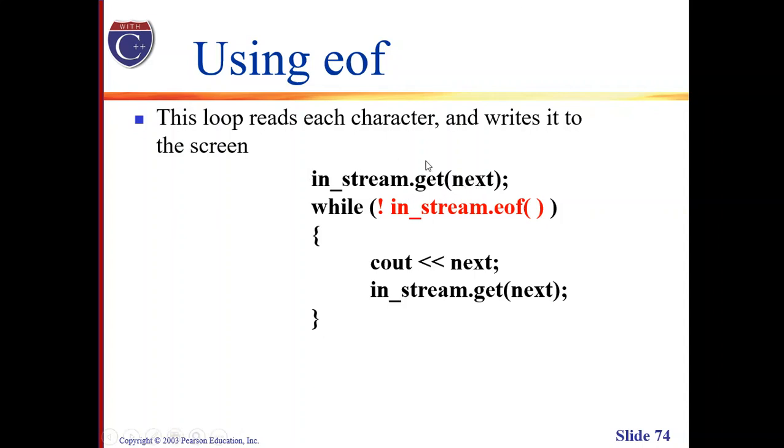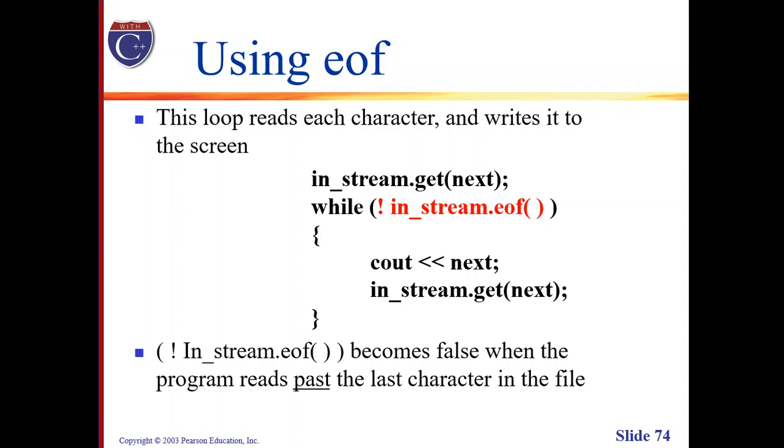We keep doing this until the end of file character has been reached. While the character read from our input stream is not the end of file character, we keep going until we reach the end of file. In that case, we have now received the end of file character.